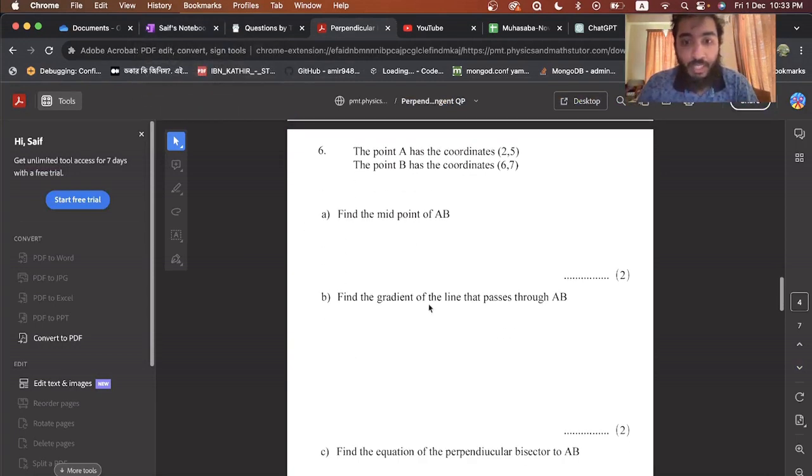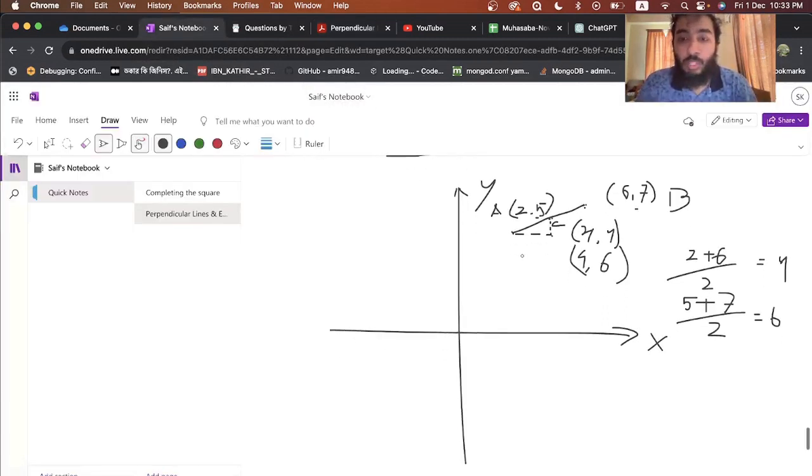And for the second one, find the gradient of the line that passes through AB. Gradient is basically slope. So you have to find the slope of the line that passes through AB.